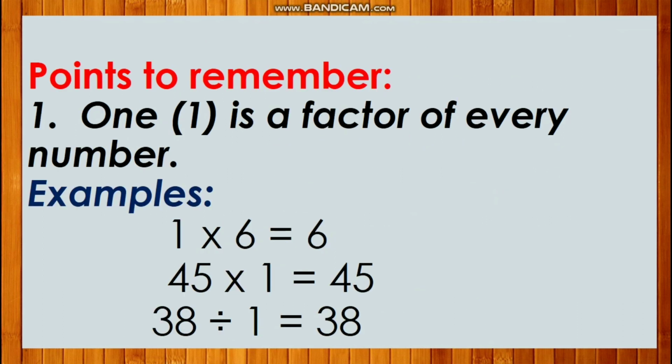First, 1 is a factor of every number. If you noticed in all our examples, 1 is constant in all of the factors, right? Because 1 is a factor of every number. So in our example, 1 times 6 is equal to 6, so 1 is a factor of 6. 45 times 1 is equal to 45, and so 1 is one of the factors of 45.